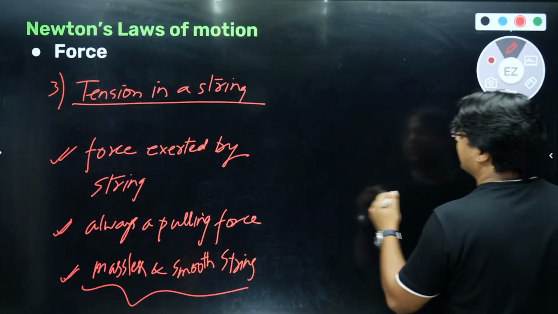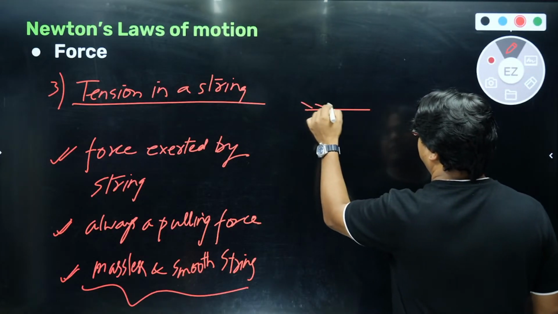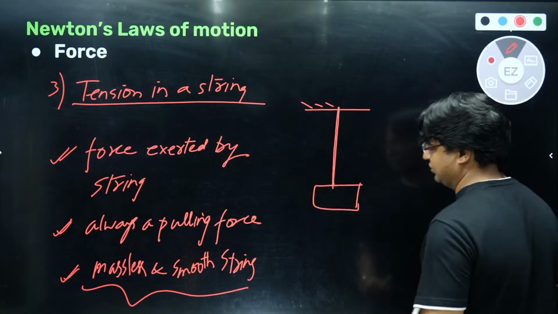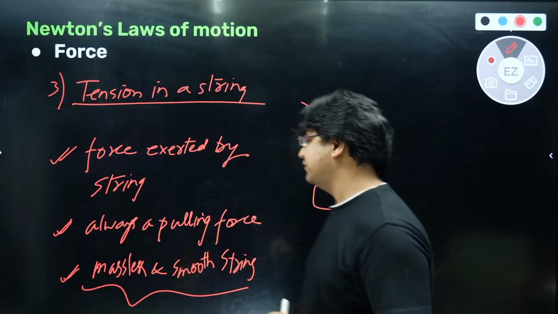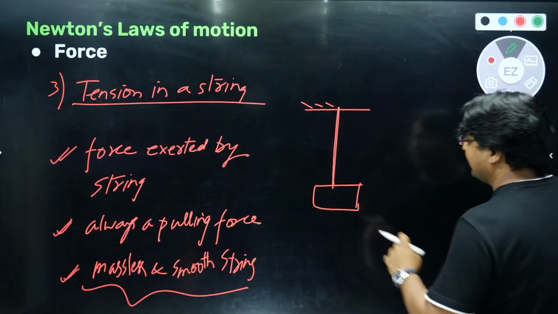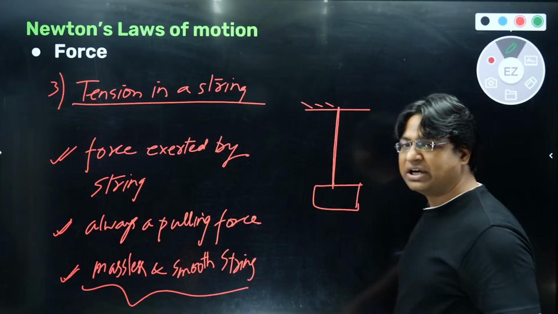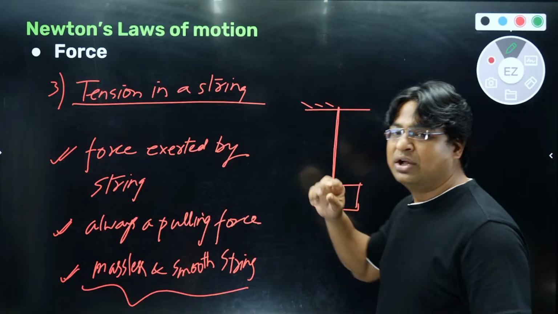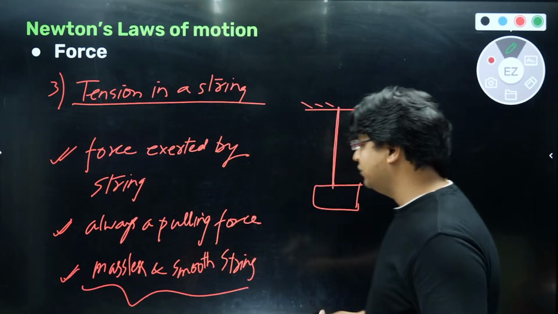If I say that there is a block which is hanging via a thread, there is a thread using which we have suspended a block. Obviously the string is in contact with the block, so the contact force between string and the block will be indicated by tension. How do we draw the tension?